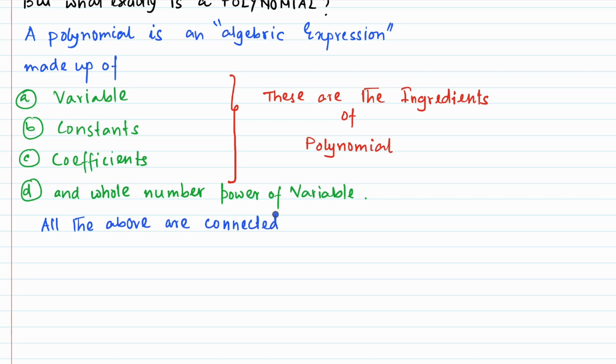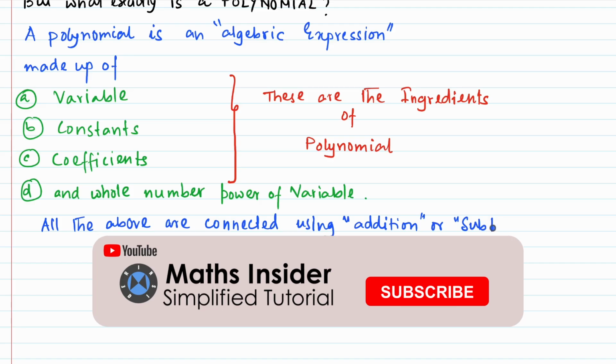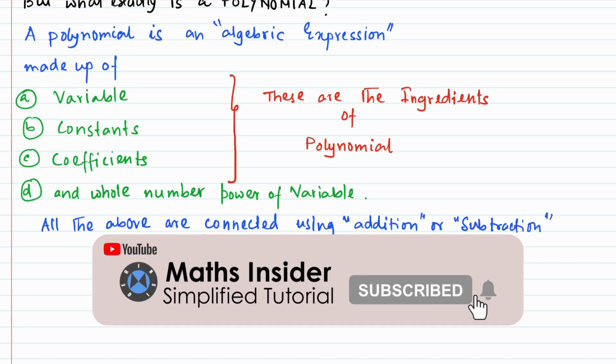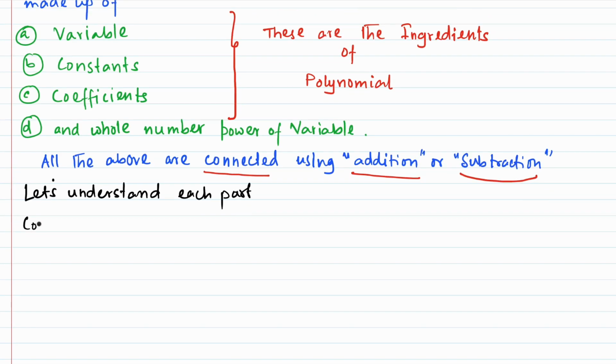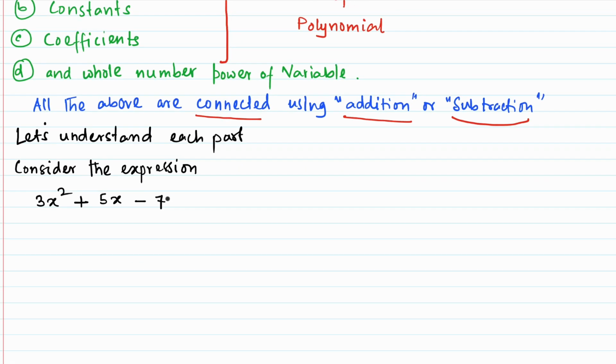Now all the above are connected either using addition or subtraction. Now let's see how they are combined, and let's understand each part. So consider an expression, just as an example, 3 into x to the power 2 plus 5x minus 7.